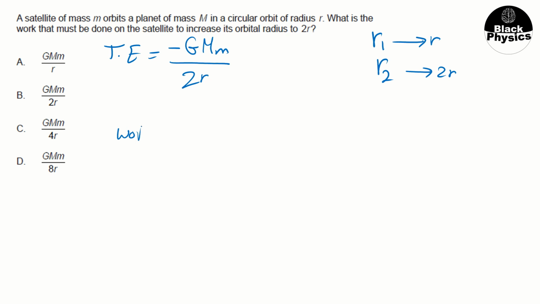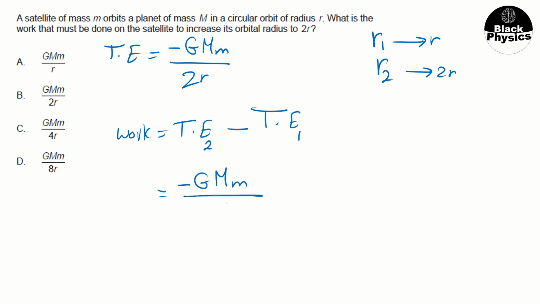So the work equals the total energy of the second position, the further one, minus the total energy of the first position. So it'll be negative GMm over 2 times R2, which is 2R, minus negative GMm over the first position, which is just 2R.